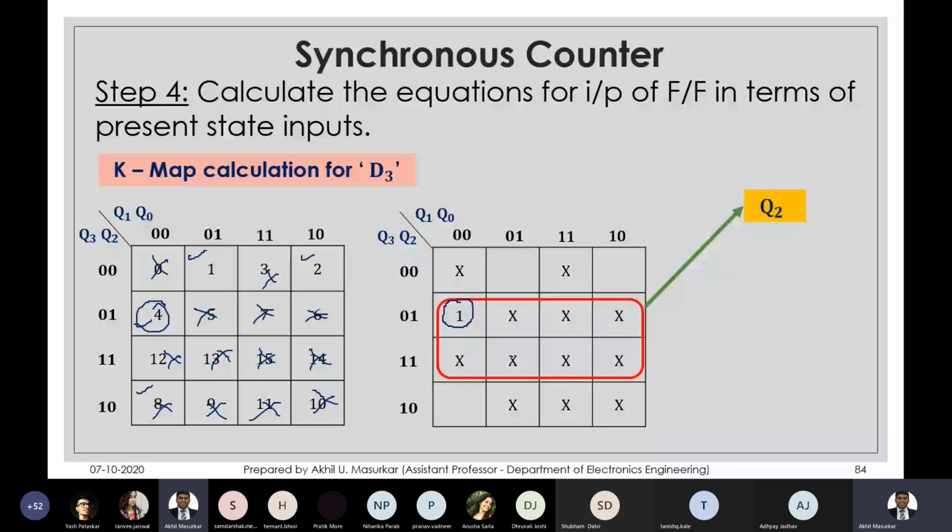Okay, go for D2, D1 and D0. I'm just going to the K map of D2.